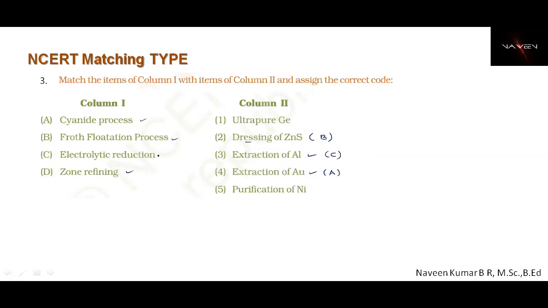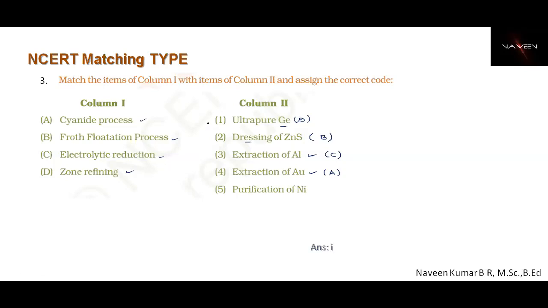Semiconductors are refined using this technique, so it is ultra pure germanium. Hence, if we look, cyanide process, extraction of gold. Froth flotation process, dressing of zinc sulfide. Electrolytic reduction, extraction of aluminium. Then zone refining, ultra pure germanium.